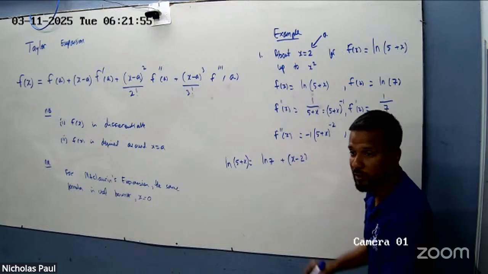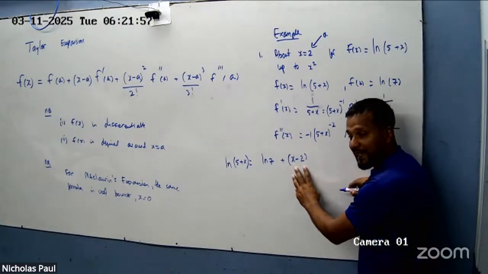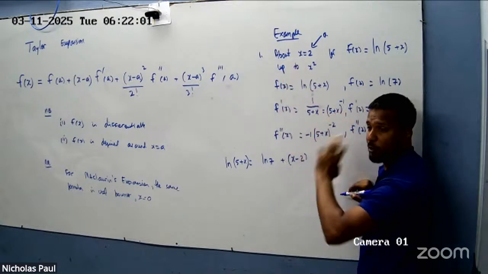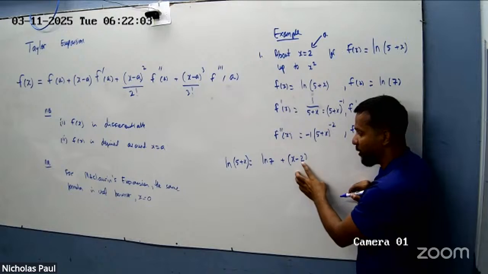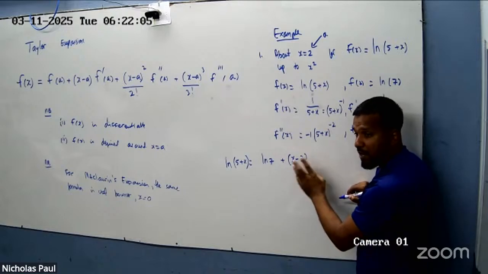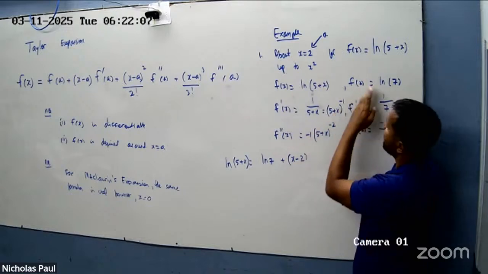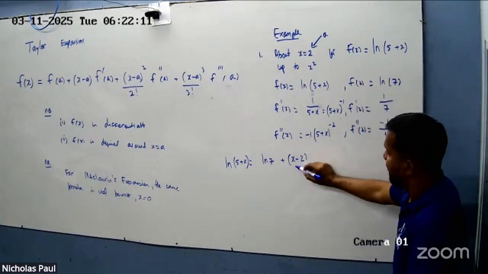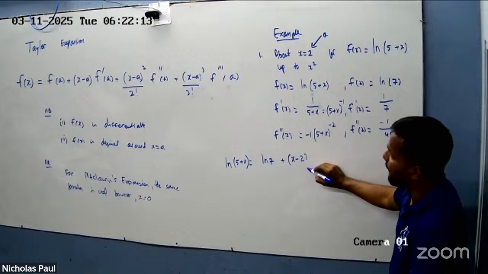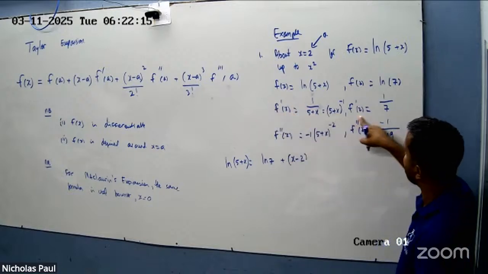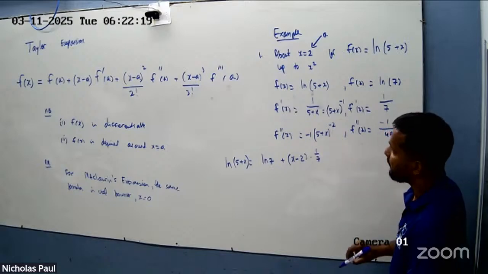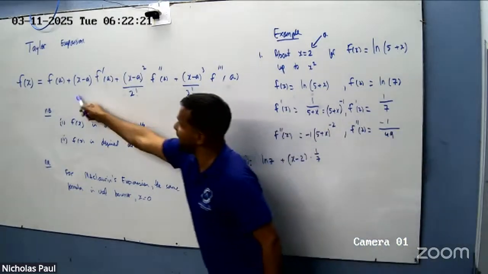Whenever you're using Taylor, you should always have x minus A. Most people remember Maclaurin and leave this out. In Maclaurin it's the same thing, just everything will be 0. So x minus 2 times f prime of A. F prime of A is 1/7. So that's here and here.